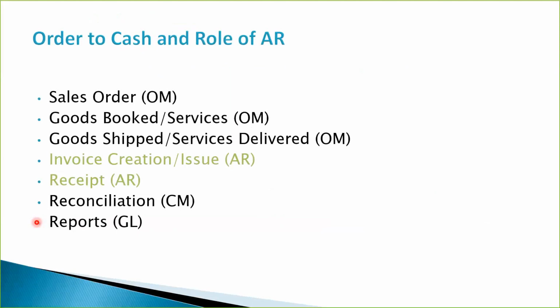Once they receive the order, then they will go and check whether they have those goods available for delivery, maybe in their inventory. If it's a service order, they will look whether maybe they have an employee in the field during that time, and they can schedule him to go and deliver the service at that particular time. When the day arrives, the goods are shipped, or the scheduled services are delivered.